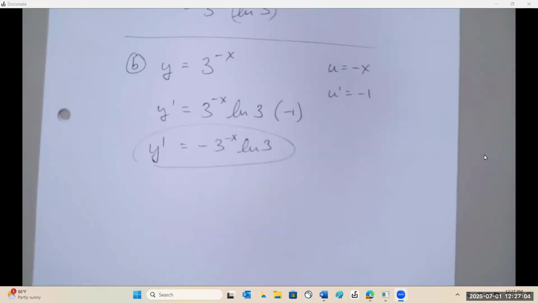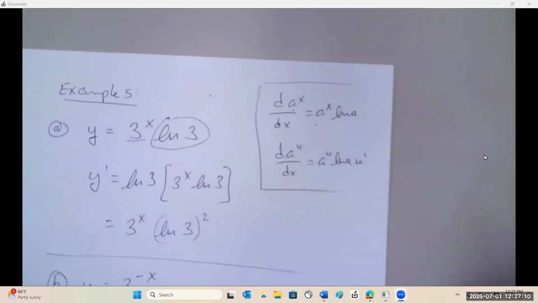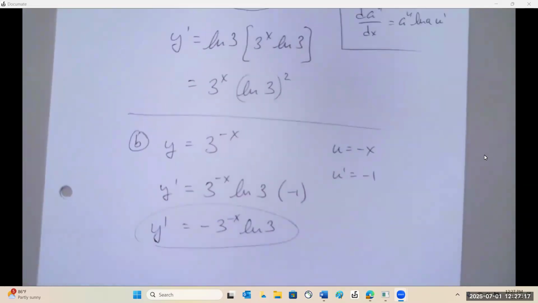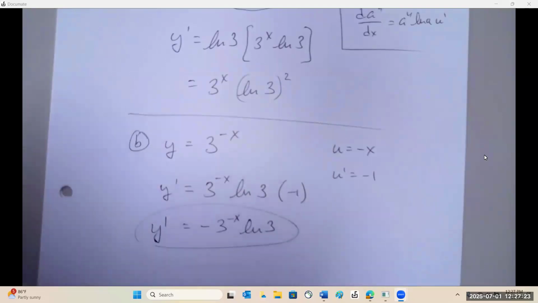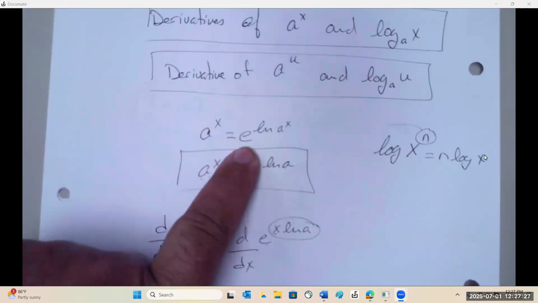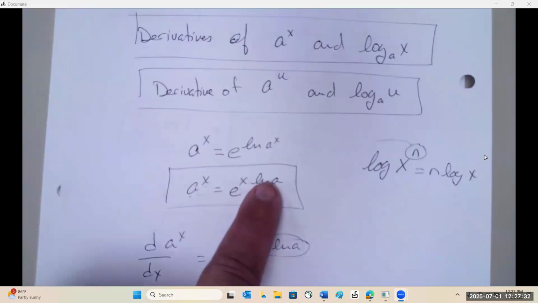What's that ln 3? We can go back and rederive it, because we needed the ln when we did the derivation. Right there, a to the x is equal to that function from that conversion: a to the x is e to the x ln a.